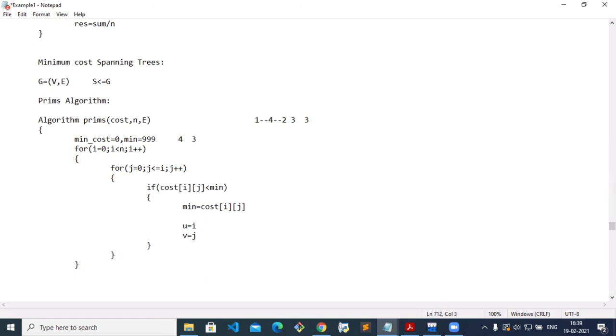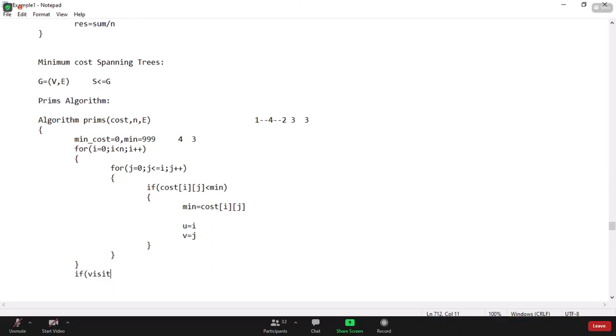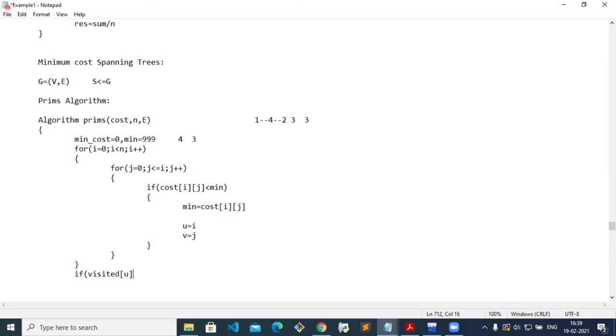Next, observe carefully. If visited of u equals false or visited of v equals false, if both are false, we are making it true because we have considered the minimum one.